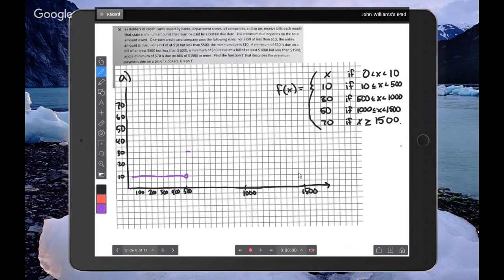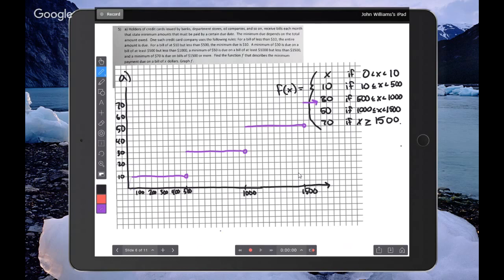So this is where our value continues out to 1,000, and again a hole at 1,000. 50 bucks between 1,000 and 1,500. So here we are at 50, where our graph continues to 1,500, and again a hole. And then 70 is the next section, and that goes on to infinity.